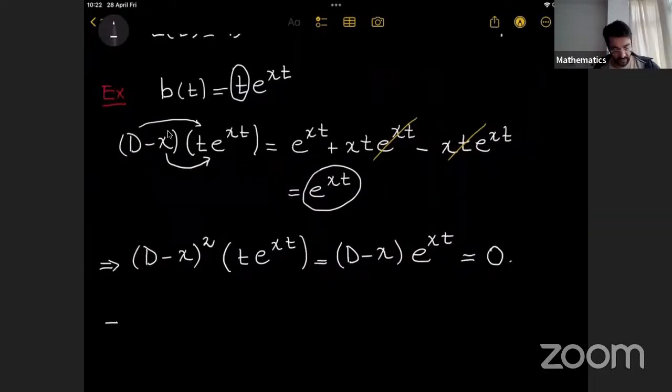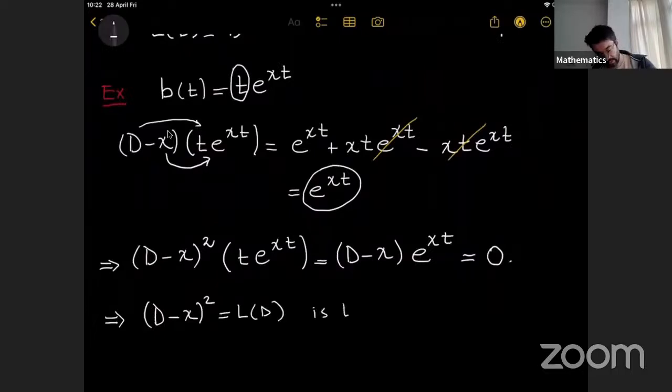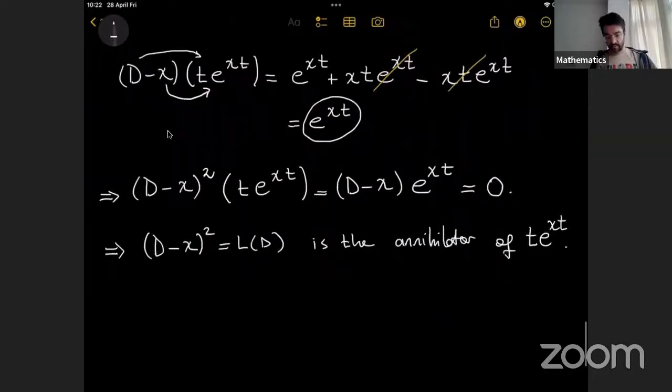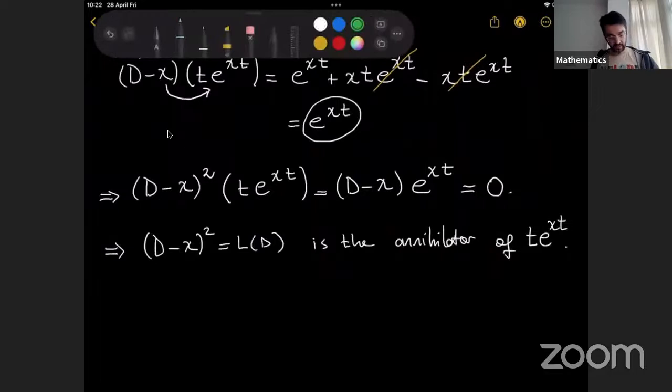And this tells you basically that d minus lambda squared, which is L of t, let's say, is the annihilator of t times e to the lambda t. Okay. Well, so what happens here when you multiply by t e to the lambda t, you have the square. You can generalize this.